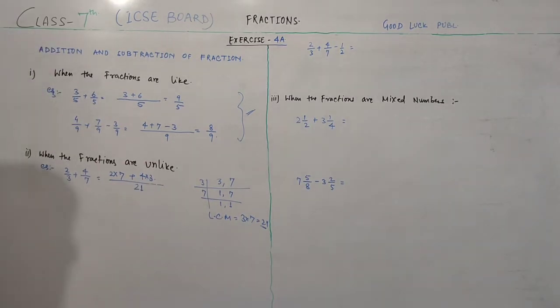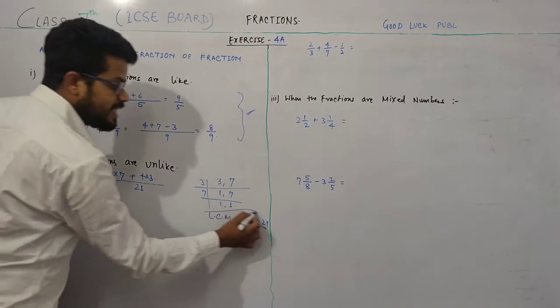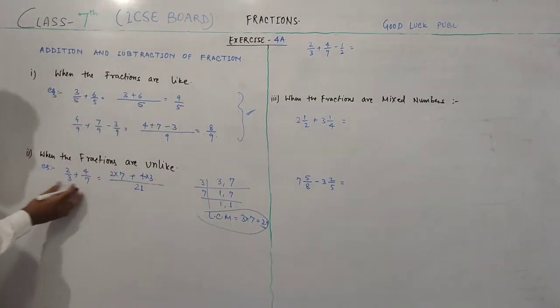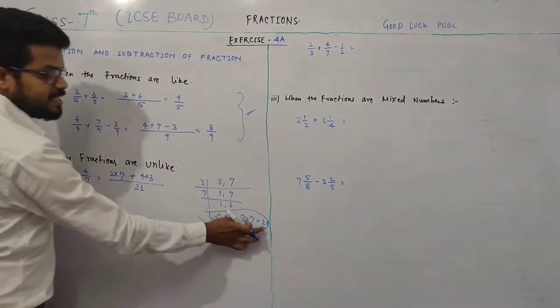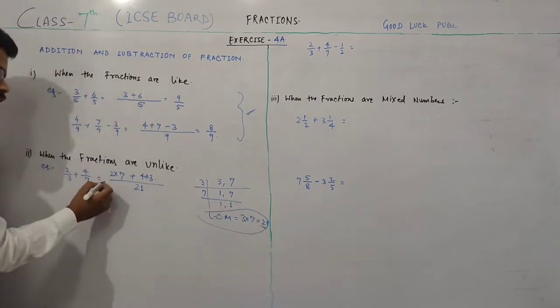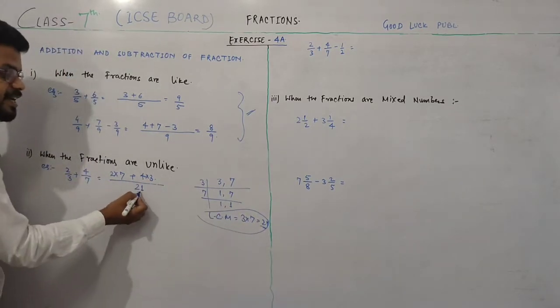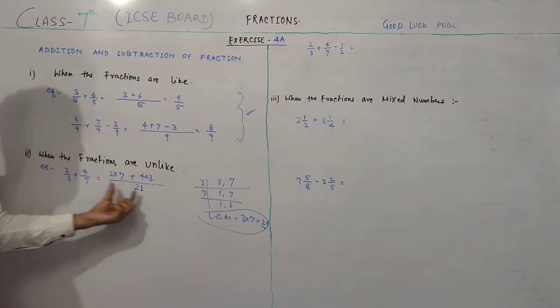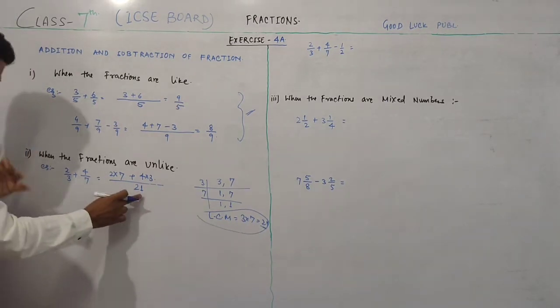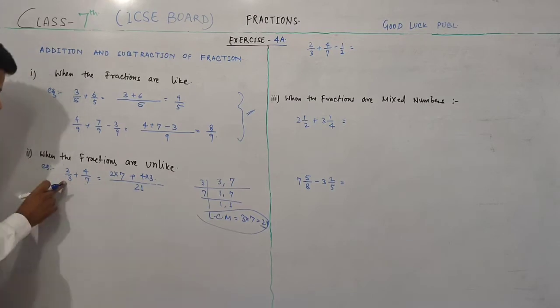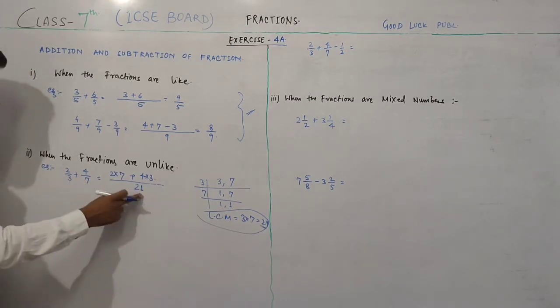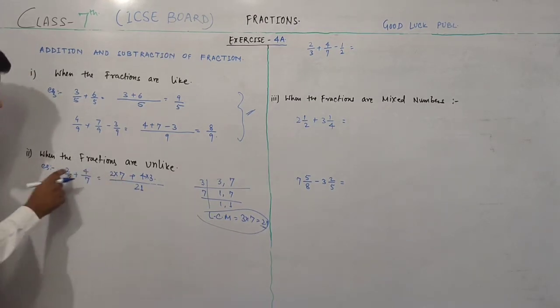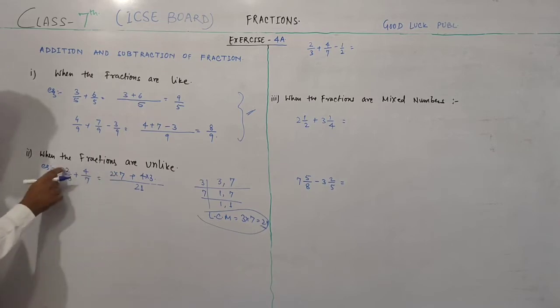The first step is to take the LCM of the numbers in the denominators. This is 21. Now draw a horizontal line and write 21 in the denominator. Then divide 21 by the first denominator 3. After division the number is 7, so multiply this 7 with 2.